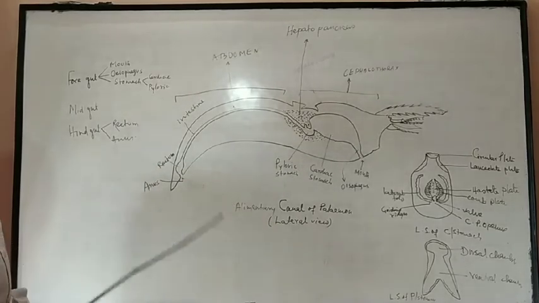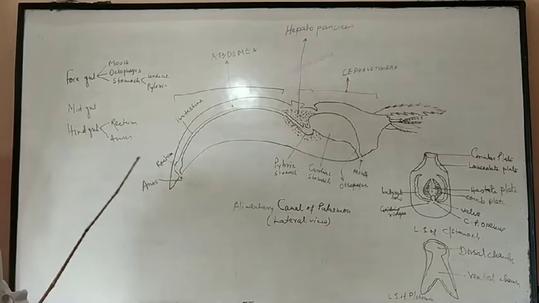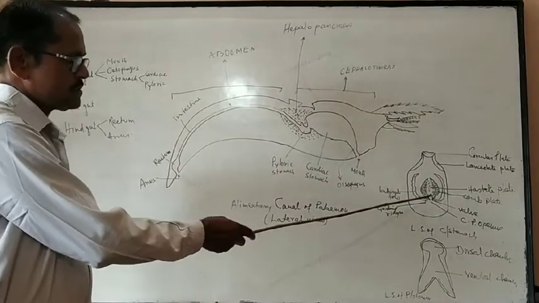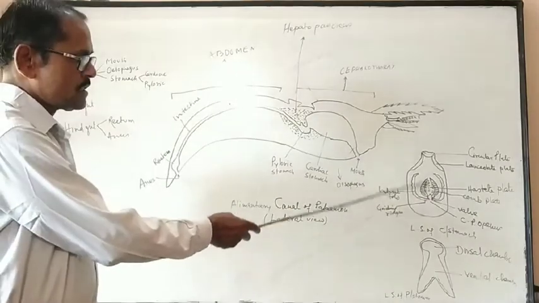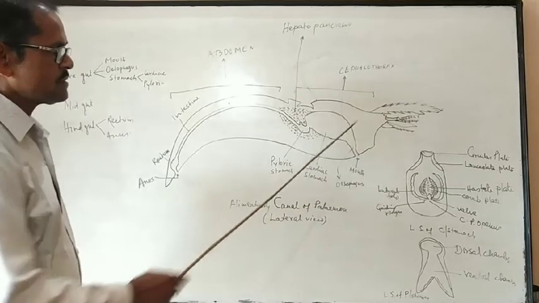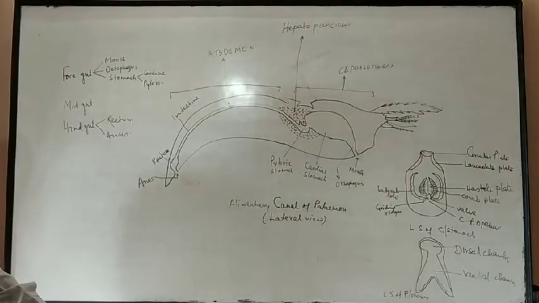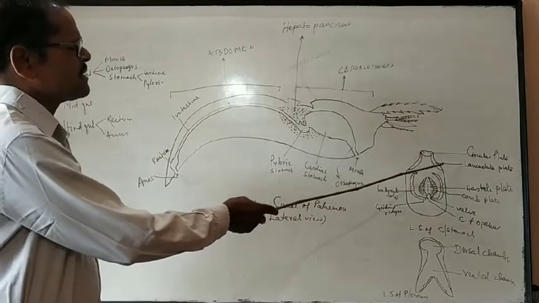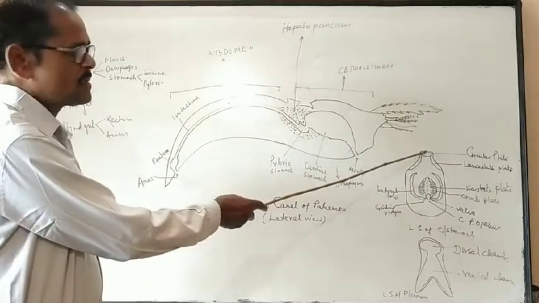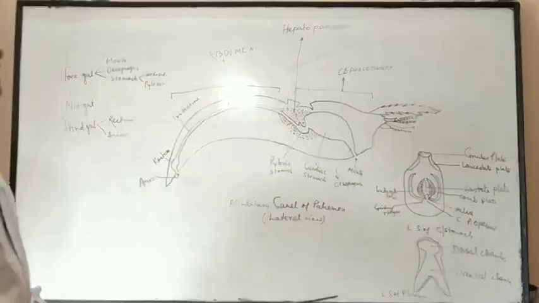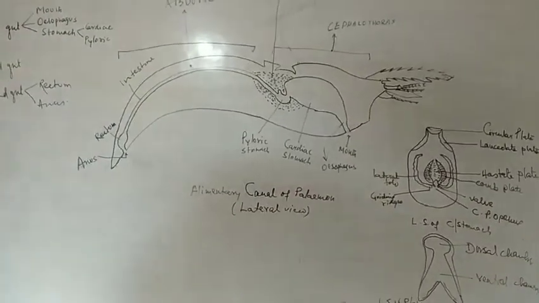Cardiac stomach, the larger part of the stomach, is shown here in lateral longitudinal section, which shows some plates: circular plate, lanceolate plate and Harsted plate.